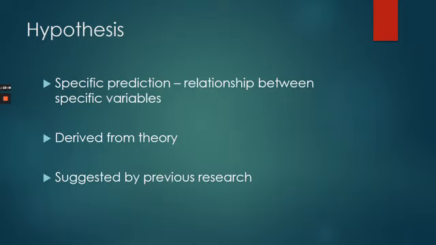Those null and alternative hypotheses specified the relationship between the variables. So that's what we mean by hypotheses. Again, this is derived from theory and also from previous research. So after you've done your lit review, you should have a more specific sense of your specific hypotheses.